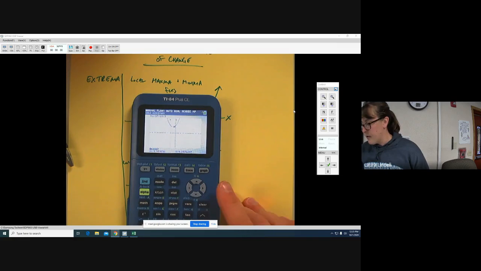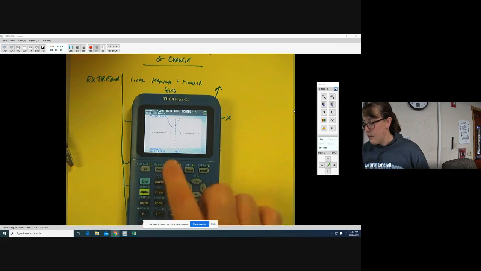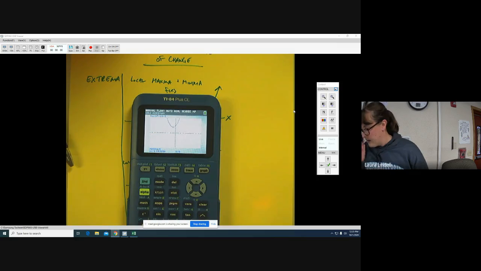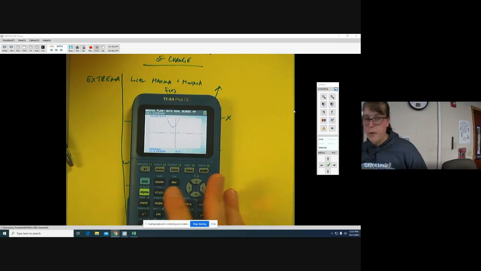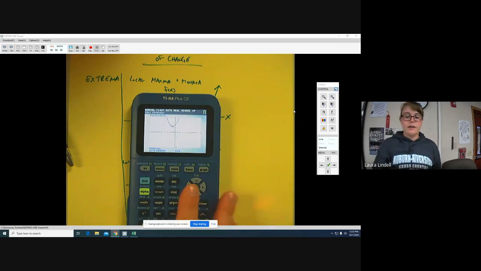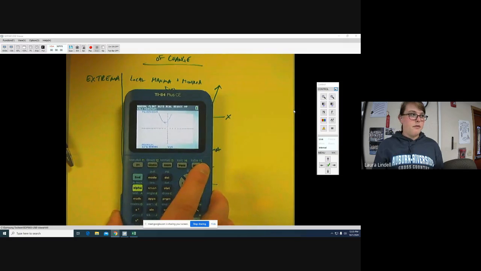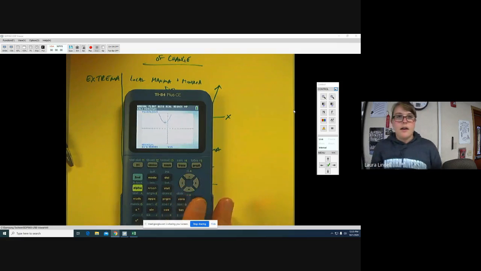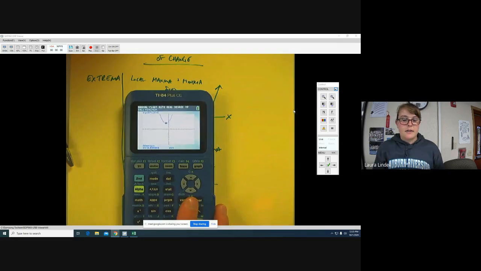And then you'd hit enter again, and it will tell you what your minimum value is and where it's located, the X and the Y coordinates there. I know that's kind of fuzzy looking, but that is how you would do it. If you have other questions about how to do it, or you would like to do one again, feel free to ask later.